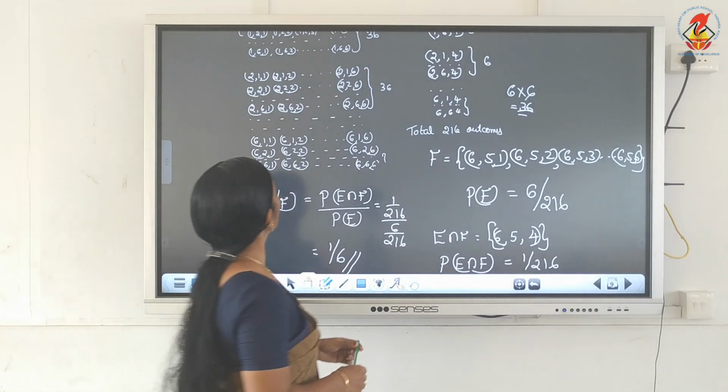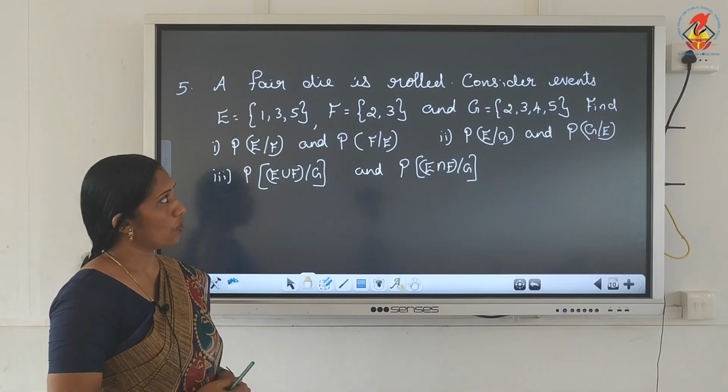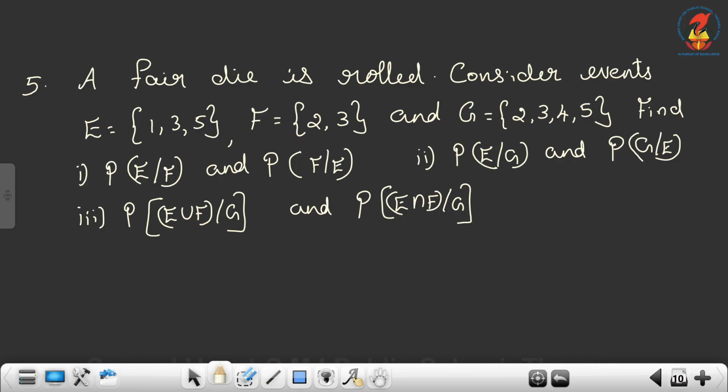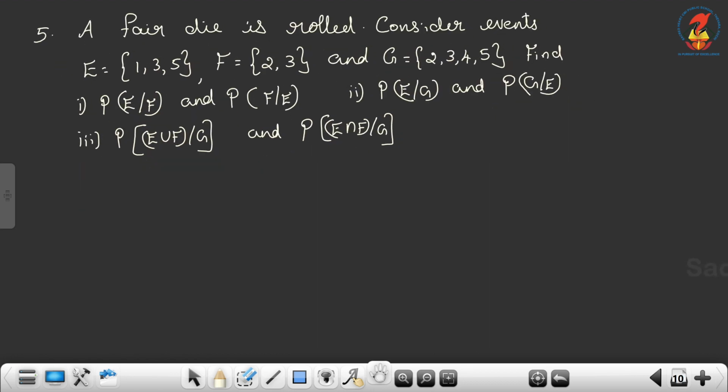Okay. Now the next one, a fair die is rolled. Consider the events E, F and G. Find 3 subdivisions: P of E given F and P of F given E; P of E given G and P of G given E; P of E union F given G and P of E intersection F given G. So a fair die is rolled.